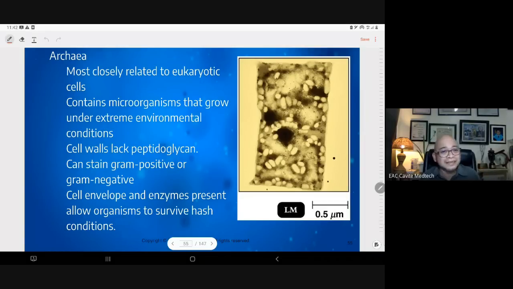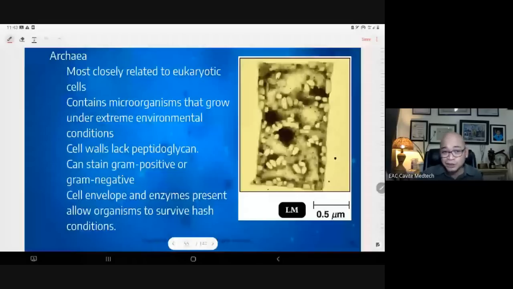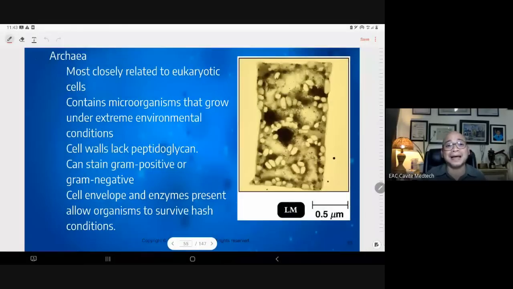And they contain microorganisms that can grow under extreme environmental conditions. Like I mentioned to you a while ago, we have the extremely thermophilic bacteria. We have the extremely halophilic bacteria that live in high salt concentration. And we have the methanogens that can produce methane gas.